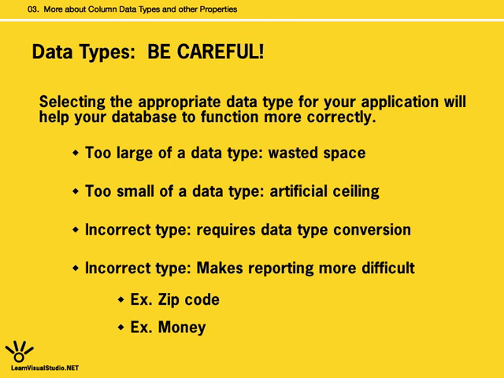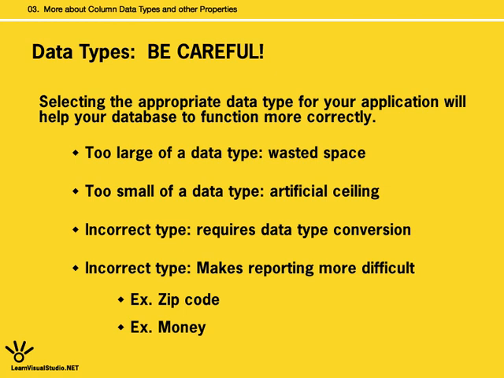And then also, when we keep in mind that in other countries the zip code, or rather the postal code, can be more than 5 or 9 characters, and that it often includes alphanumeric characters. So, for example, in Canada, it's alphanumeric. Then defining zip code as an integer or a small int really places an artificial ceiling on our application, not allowing people from other countries to interact with our application.